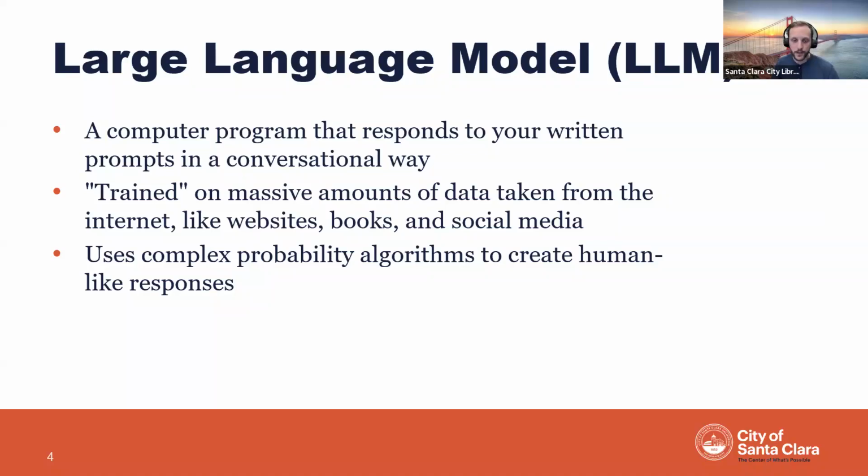And you can also think of it as a very souped up version of autocomplete, like you might have when you're writing a message on your phone, where it predicts what you're going to try to write next and gives you ideas for what to do. That's kind of what large language models are doing. They're looking at your prompt and using their programming to say, okay, what is a way that a person would respond to this? It's kind of a very complicated guessing game.